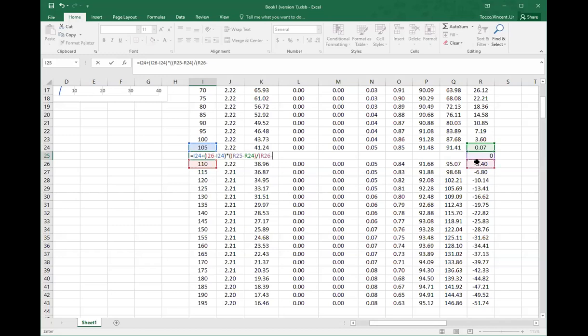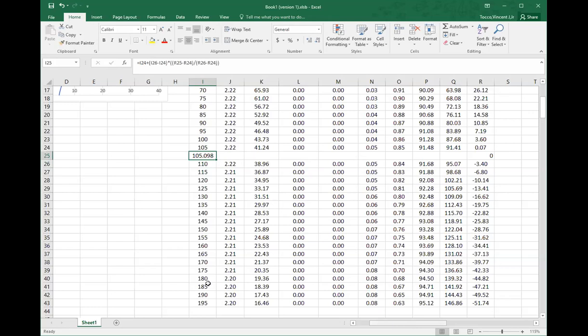And my final answer should be close to 105, closer to 105 than 110, definitely. And that will also double check that I did it correctly. 105.1, that's pretty good. So that's about the correct answer. If you were to keep doing this, the correct answer would be at 105.2 PSI absolute. So this technique does get us pretty close to the correct answer.